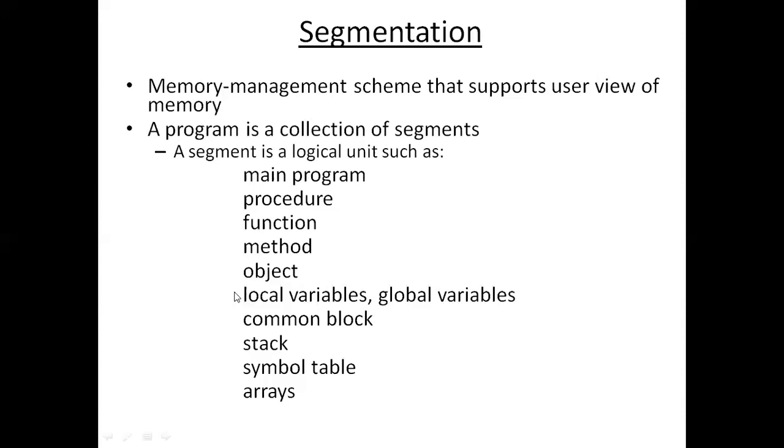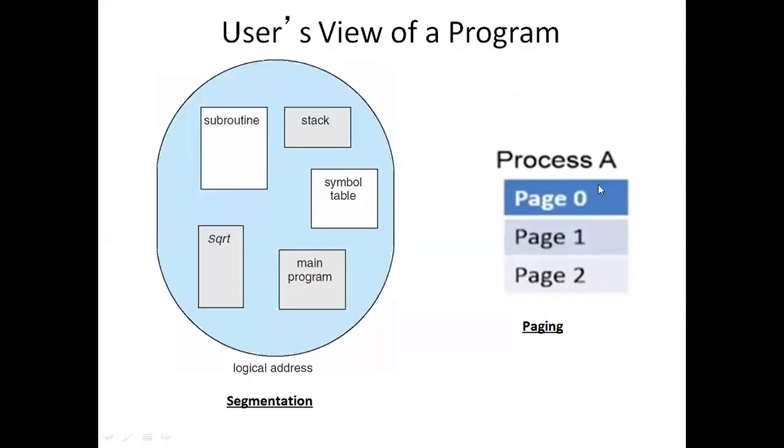So in segmentation, the process is broken based on the segments which have been defined. What are those? It's nothing but one among these. Let's say process A is broken into 3 pages in paging, but here it is divided into 5 segments.